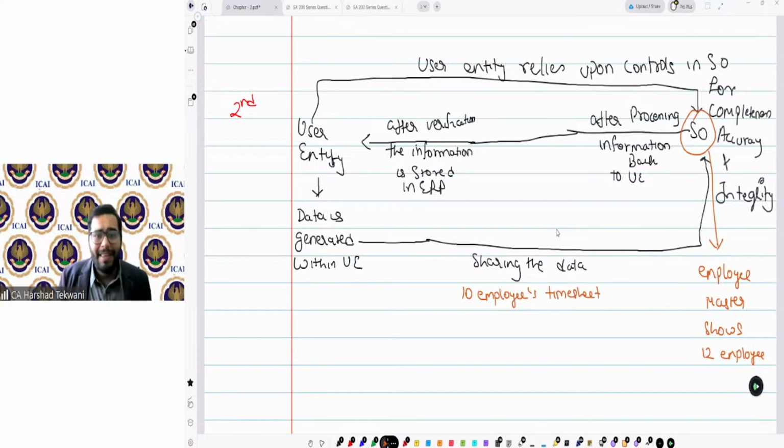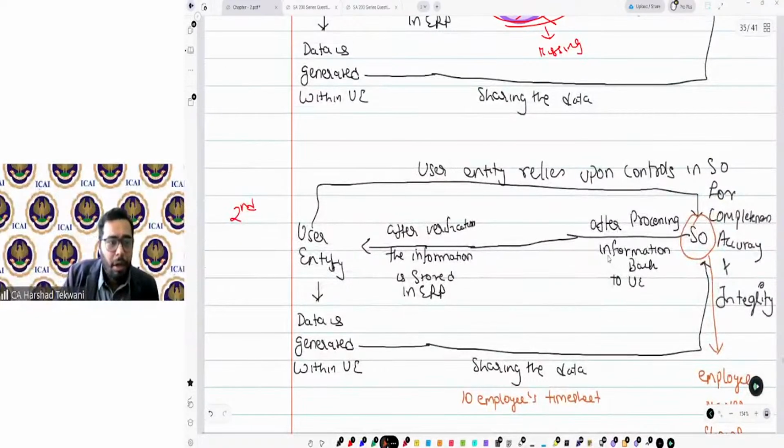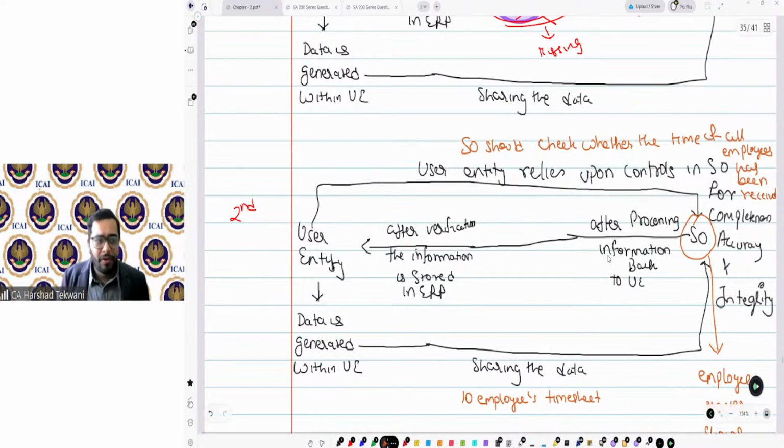Now, when I say the user entity relies upon the controls at the service organization, it means the user entity is saying that the service organization should check whether the timesheet of all employees has been received. So the completeness check should be done by the service organization.